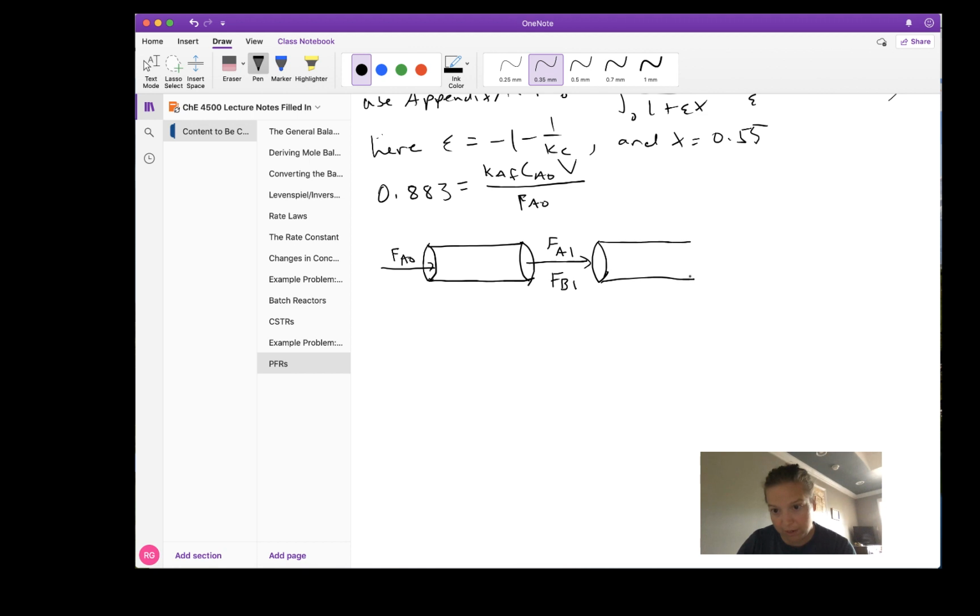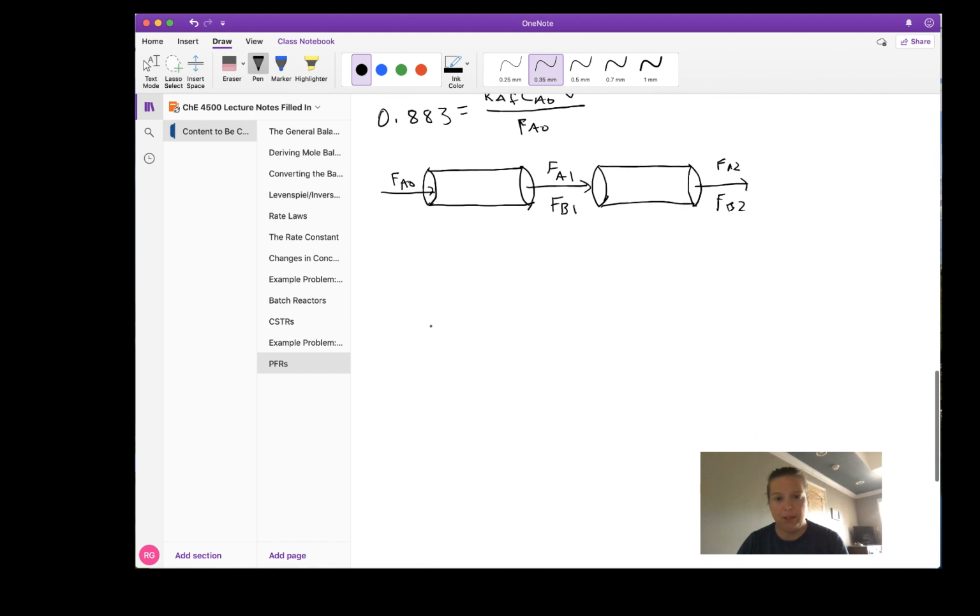This is going to be an identical reactor, and then A and B coming out of that second reactor. Now, when I put these two reactors in series, really what this is going to look like is just one big PFR.